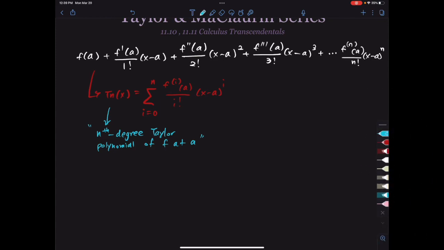Tn of x simply represents the polynomial expressions that can be made from a Taylor series. You see, when it comes to approximating a function through a Taylor series, the more terms we add to Tn of x, the more accurate the sum becomes to the function itself. Therefore, when we say nth degree Taylor polynomial, it can be translated as we add n amount of terms to Tn of x. The higher the nth value, the more accurate the approximation to the function is.